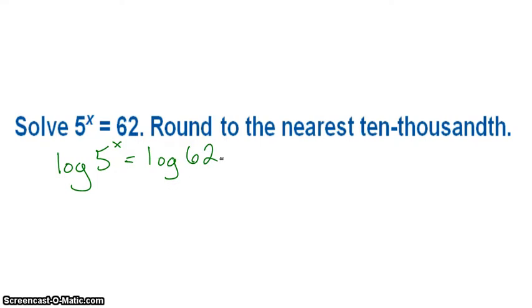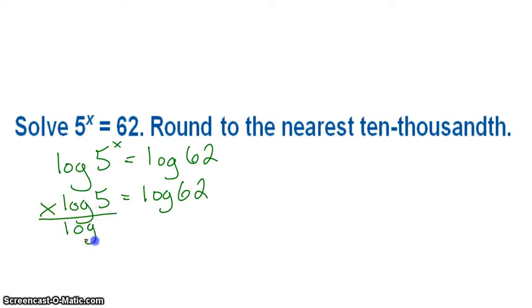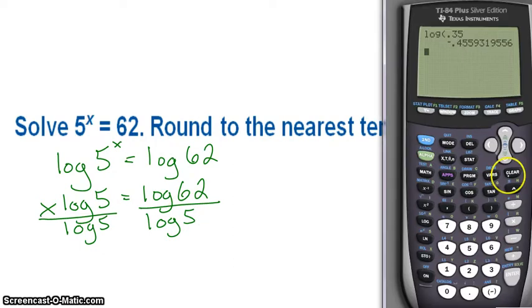Now, take our rule of the exponent with the logs and move it out in front. Then, to get x all by itself, we're going to divide both sides by log of 5. That I can do. So in my calculator, I'm going to take log of 62.